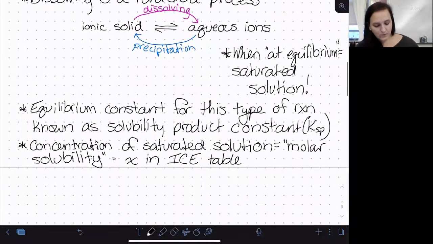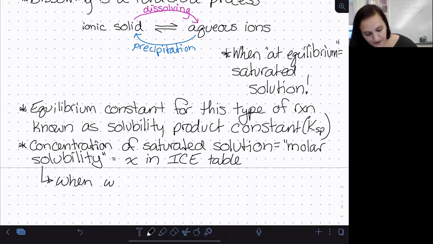Just different terminology. And one thing to note with molar solubility is that when we're comparing solubility, when we're saying that something is more soluble or less soluble than another substance, it is the molar solubility that we're comparing, not the KSP. They don't necessarily go hand in hand, depending upon what your equilibrium expressions look like.